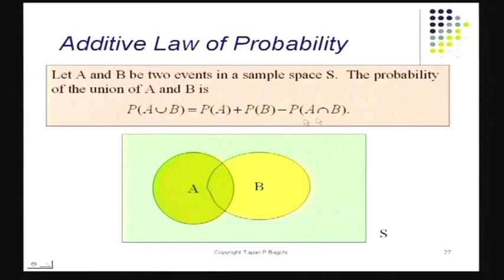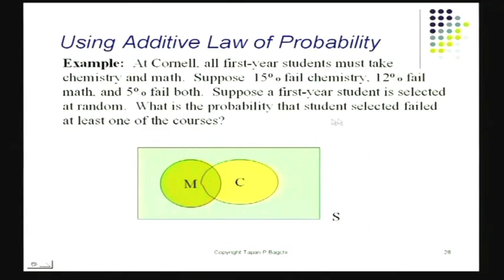Therefore, I subtract it once. So what is the law now? It says the probability of A union B is equal to P(A) plus P(B) minus the probability of the intersection of A and B. That is the additive law.